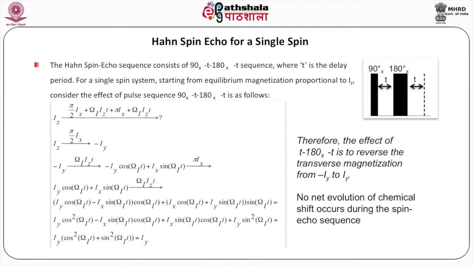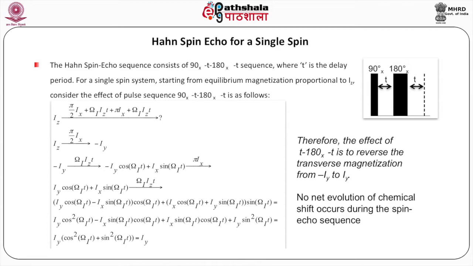This is equal to Iy cos square omega it minus Ix sin omega it cos omega it plus Ix sin omega it cos omega it plus Iy sin square omega it, and the two terms cancel and we are left with Iy (cos square omega it plus sin square omega it), and this is equal to Iy.